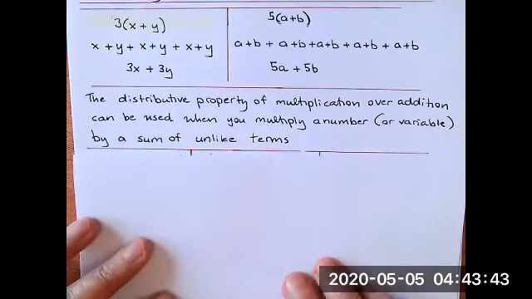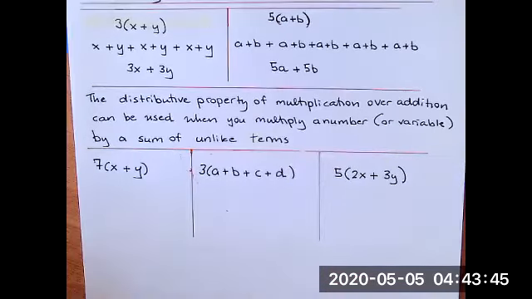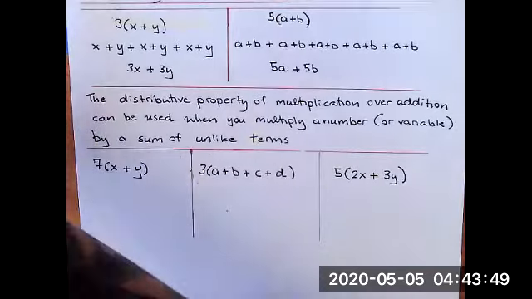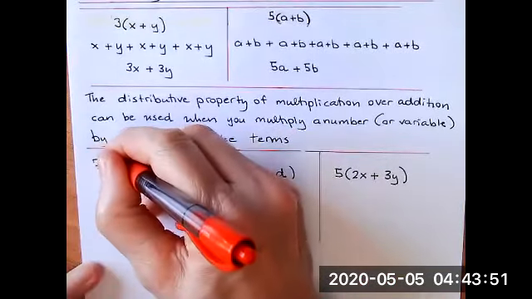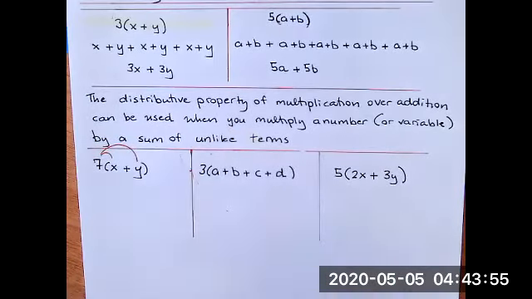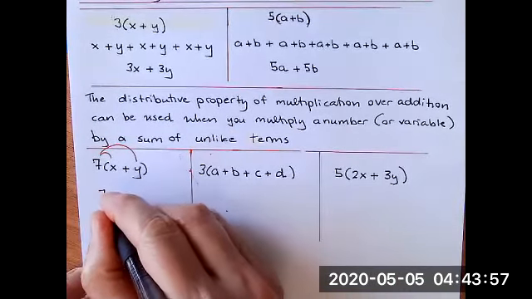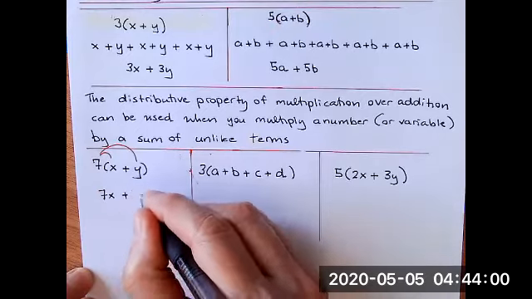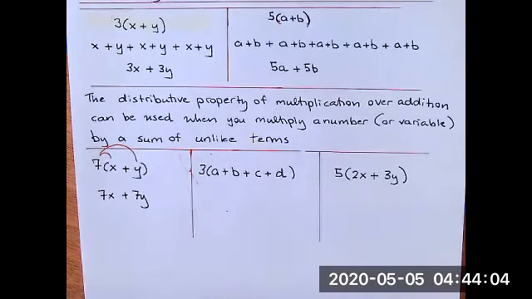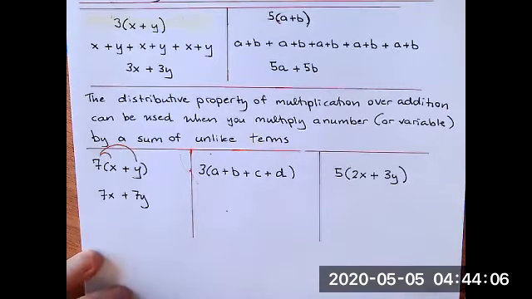Let's practice a few. So if you have 7 times x plus y, you're going to distribute that 7 to every term on the inside. So that's 7 x's and 7 y's. You don't run out.